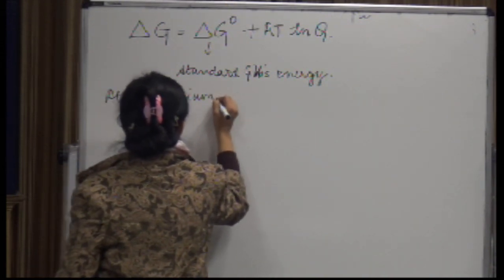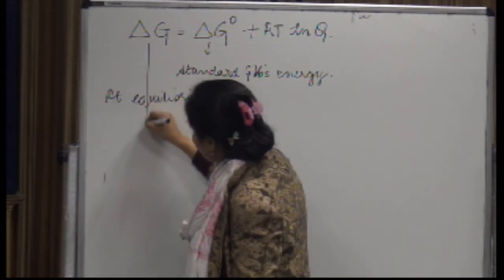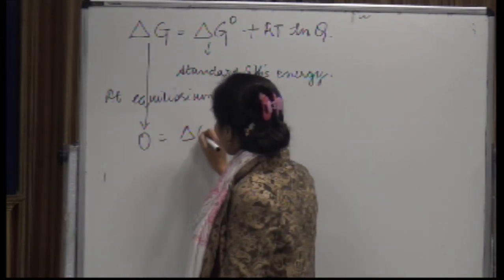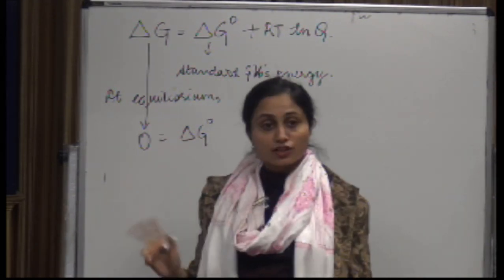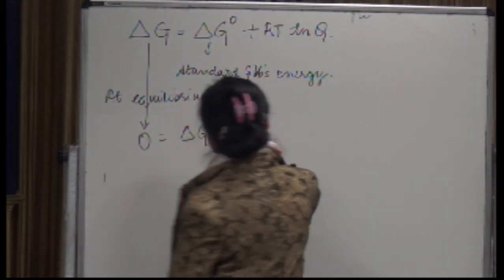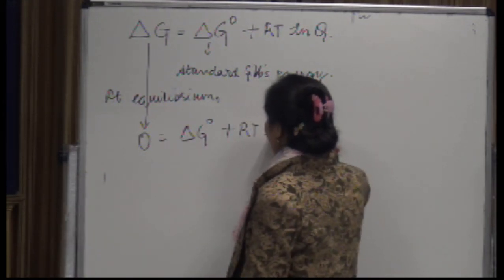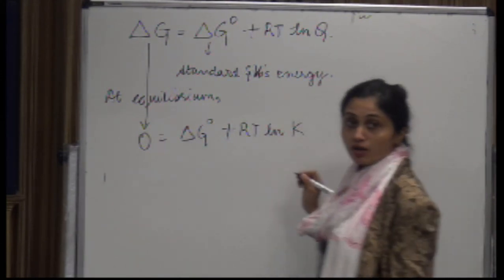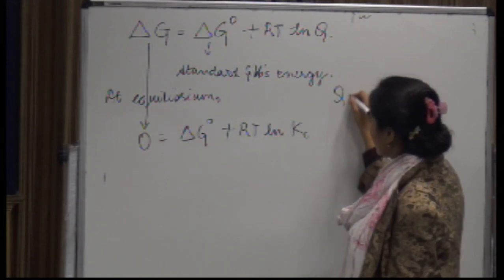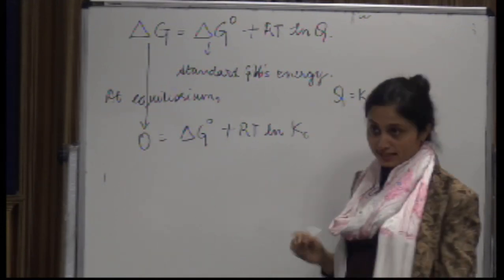At equilibrium my delta G will be 0, right? My delta G naught remains as it is. This is the delta G naught for the standard states of the substances that we are taking, plus RT ln of Kc, because at equilibrium my Q is equal to Kc.